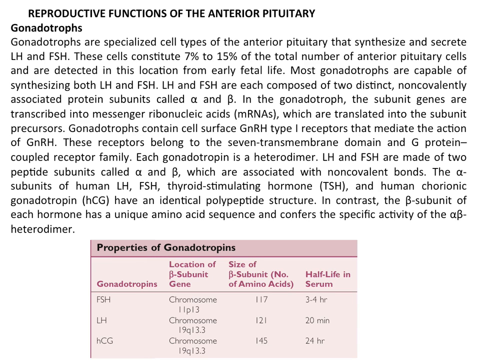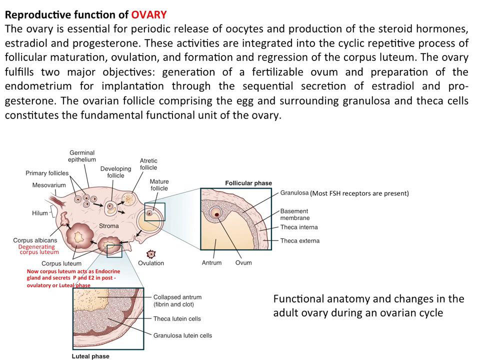Once GnRH is released from the hypothalamus, it comes to the pituitary, and in response to GnRH, pituitary cells or gonadotrophs start secretion of LH and FSH. So the anterior pituitary is also helpful in the reproductive function.